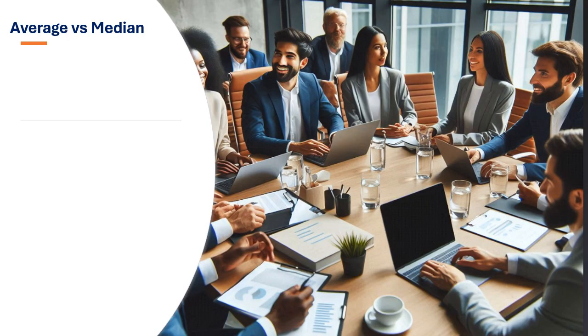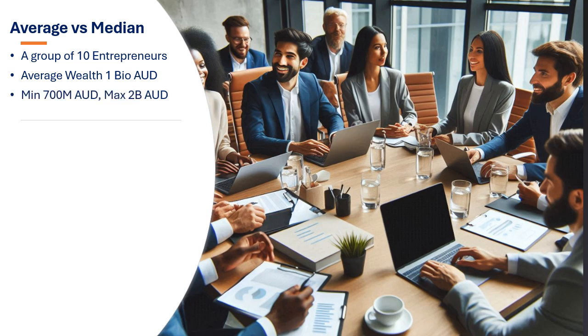Okay, before we go any further, we have to understand a little bit about the difference between average and median. I believe you already know the difference, but oftentimes the median is a better measurement than the average. Here is why. Let's say there is a group of 10 entrepreneurs in this room, and their average wealth is 1 billion Australian dollars.